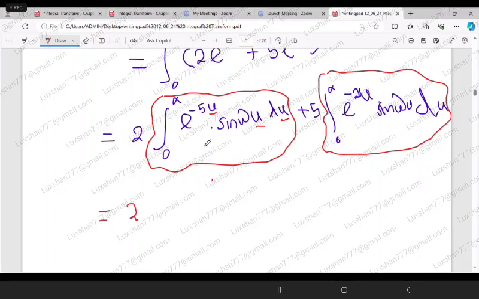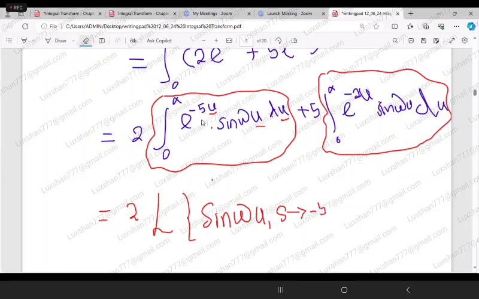Recall the definition of the Laplace transform. Think that the variable here is u. In the place of s, we have minus 5, and in the place of a, we have omega. So this is nothing but the Laplace transform of sine omega u, where s is minus 5.